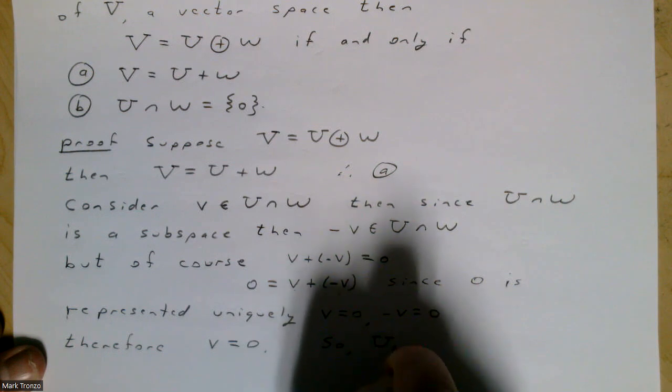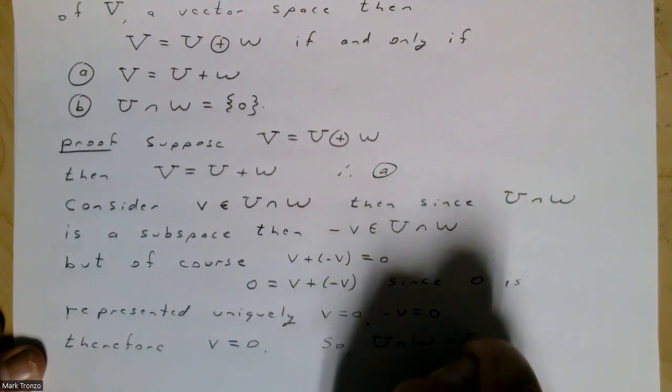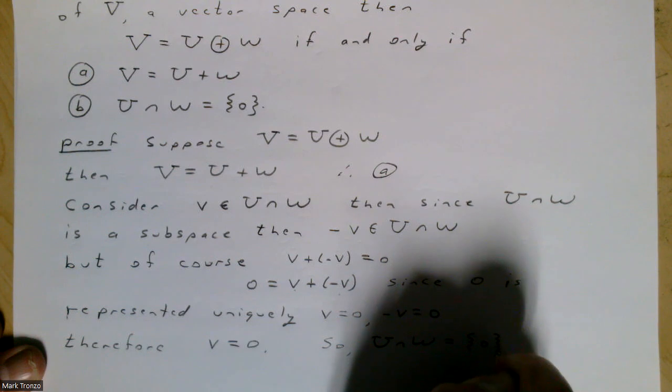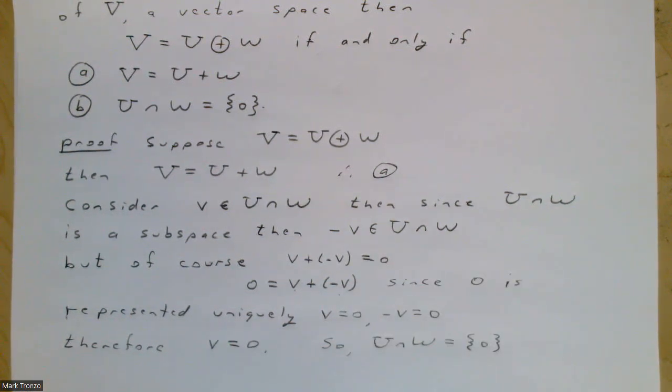So U intersection W has to be 0. So in this part right here, remember every vector in V has to be represented uniquely by something from U and something from W. That's what makes this part true.